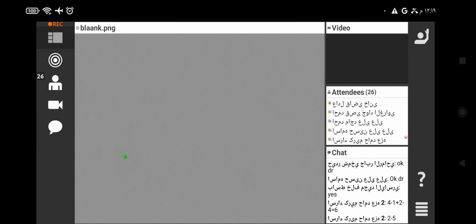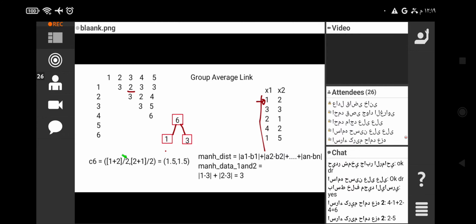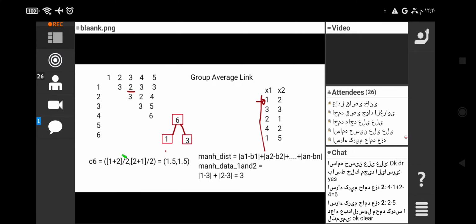We add them in each dimension and divide by the number of data. So this is cluster 6. Now we want to find the distance of cluster 6 with cluster 2.